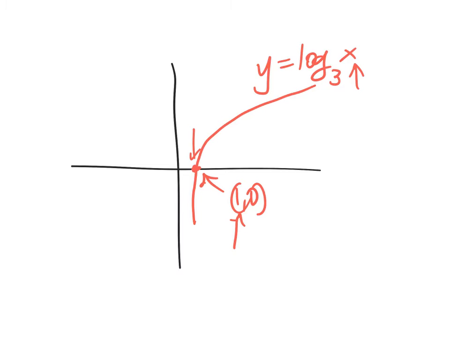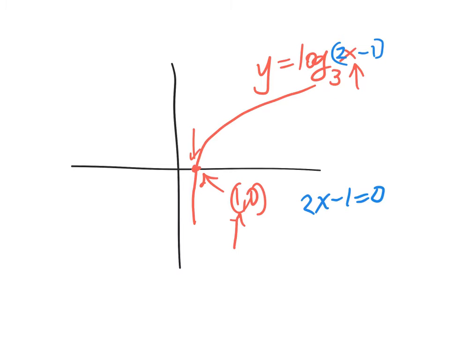If they change the problem to say 2x minus 1 in there, the asymptote will be where 2x minus 1 equals 0. So all you have to do is take the argument part, set it equal to 0, and solve, and you'll know what x is for your asymptote.